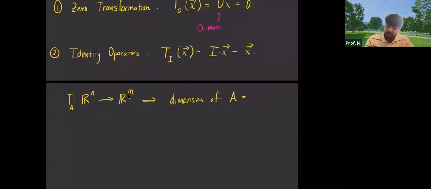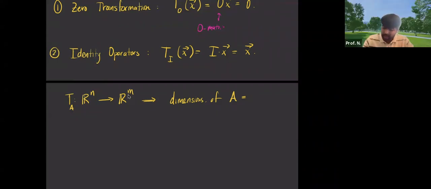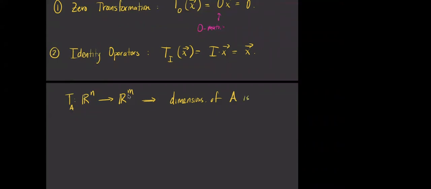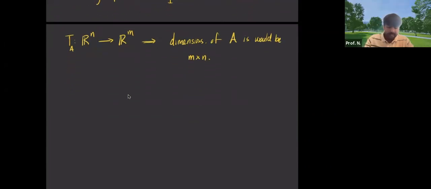Now, how would you know that? Yeah, Sam? Would it be n by m? M by n, right. How do you know? Oh, I guessed. I'm sorry. Oh, you guessed. Yeah, I just figured. That's fine.